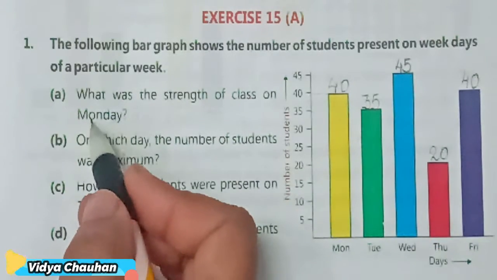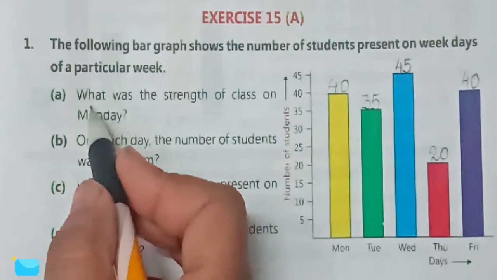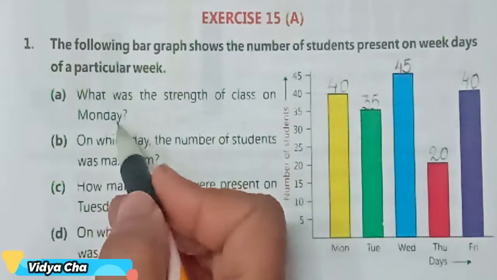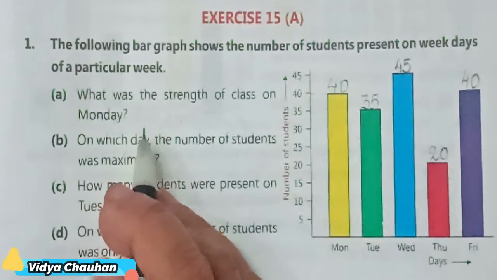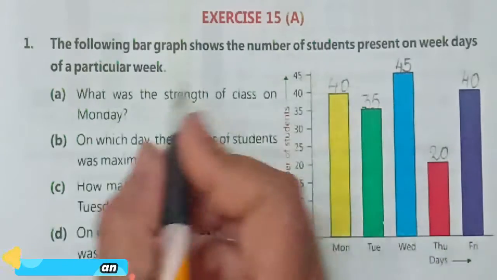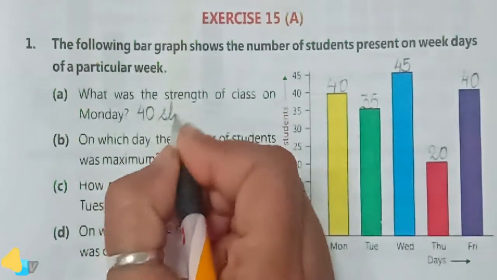Right students? So now we have got some information here. Let us read what they are asking us from the given bar graph. What was the strength of class on Monday? So Monday, how many students were present? 40 students. So here you will write, it is 40 students.